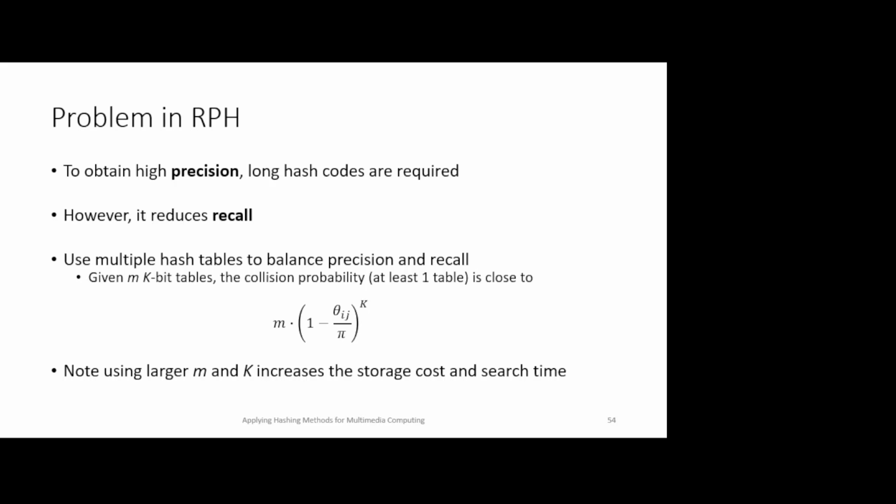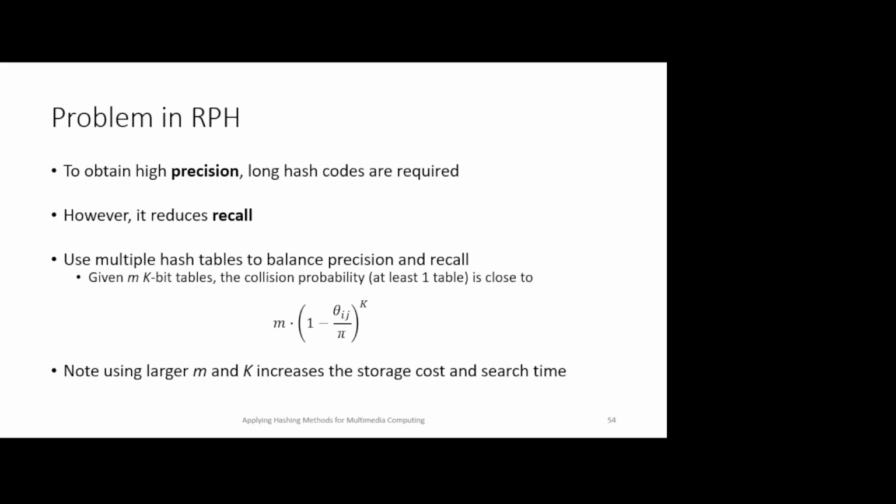Given n hash tables, where each hash table contains k bits, we can calculate the probability that at least one table is close. In each table, there are k bits. If all the k bits are the same, the probability is like this, based on the similarity between xi and xj.